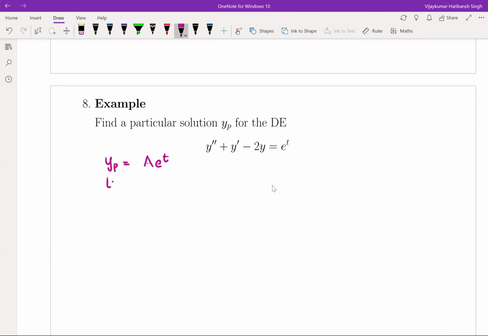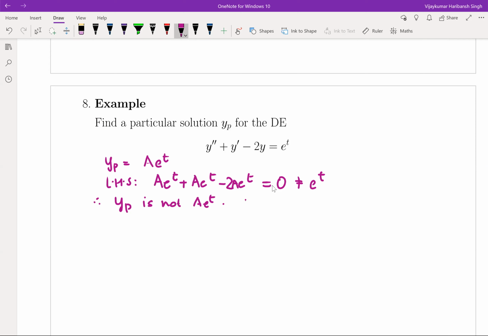The left-hand side is going to be y double prime, which is a e to the power t, plus a e to the power t, minus 2a e to the power t, and that is 0, right? And that is not e to the power t. So this will not be a solution.